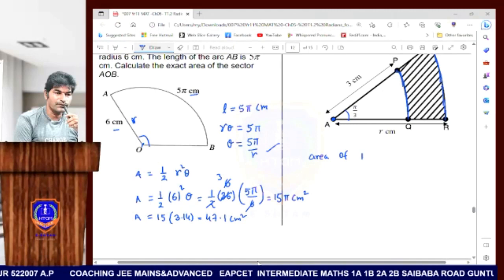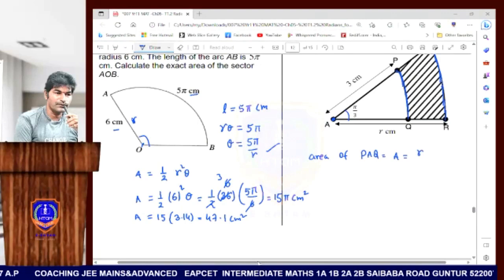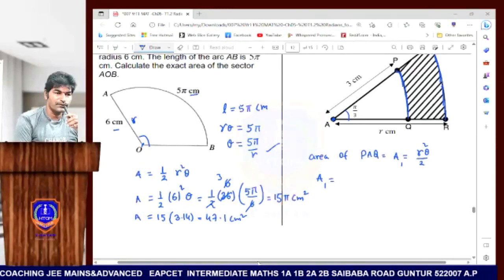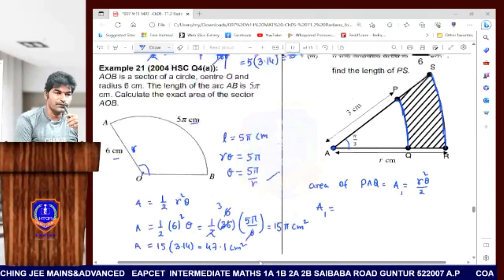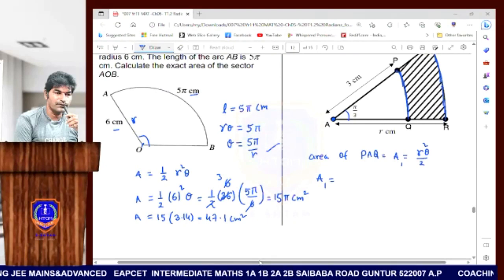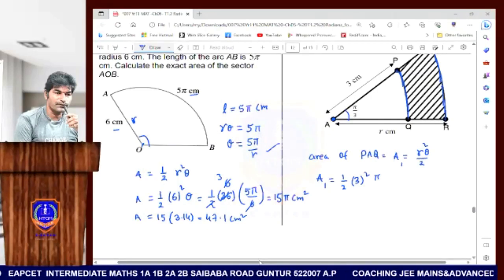Area of PAQ. What is the formula for area? Half r square theta. Say this is A1, because another circle is also there. So A1 is the area of PAQ. So 1 by 2, what is r square? 3 square, because AP was given as 3. And what is theta? Pi by 3. Write pi as 3.14.